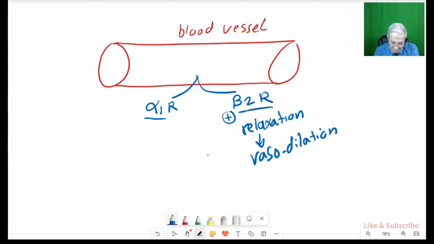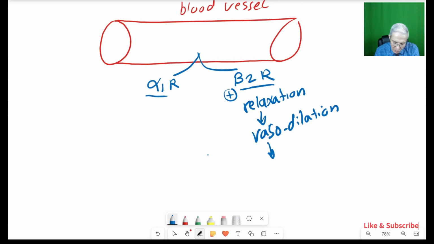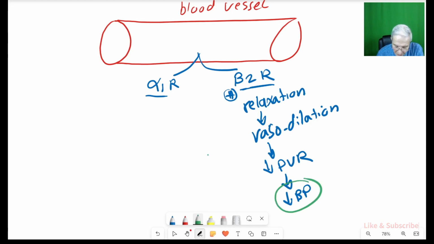This will lead to decreased peripheral vascular resistance and decreased blood pressure. So if you activate beta 2 receptor, this leads to relaxation, vasodilation, decreased vascular resistance, and decreased blood pressure.